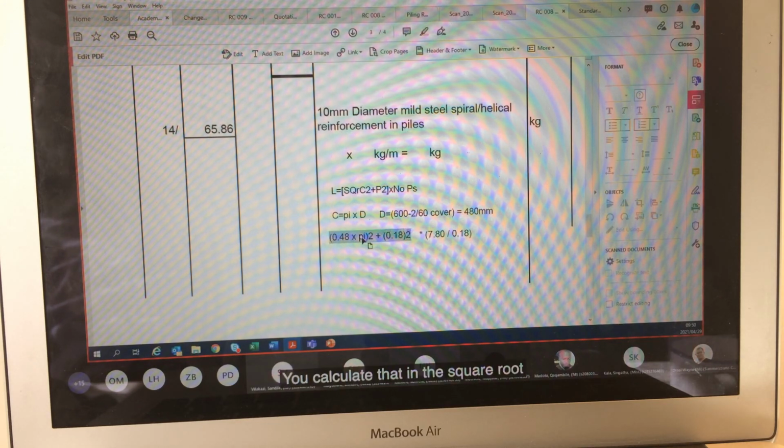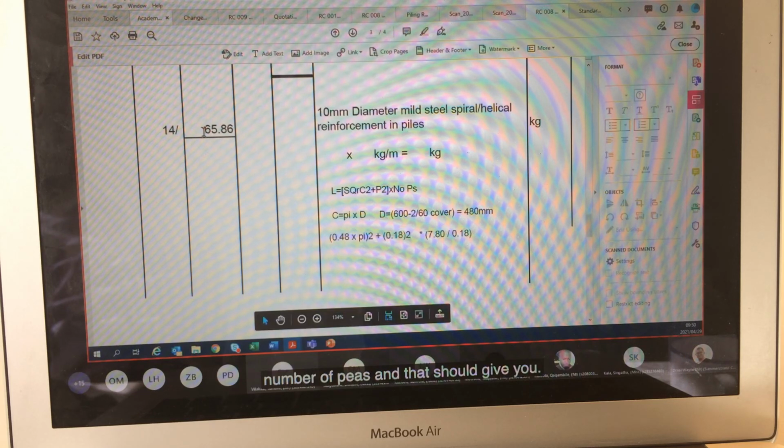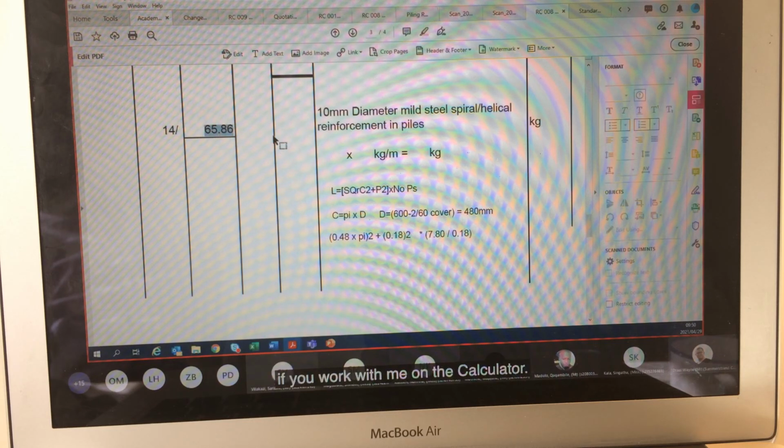You need to calculate that, and the square root of that, and that multiplied by the number of pitches, and that should give you my 65.86. Do you get that if you work with me on the calculator?